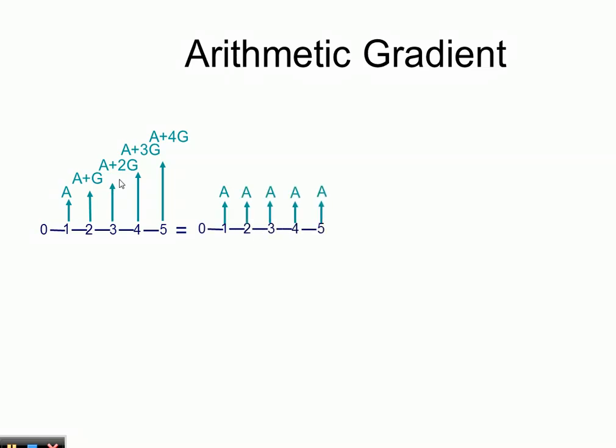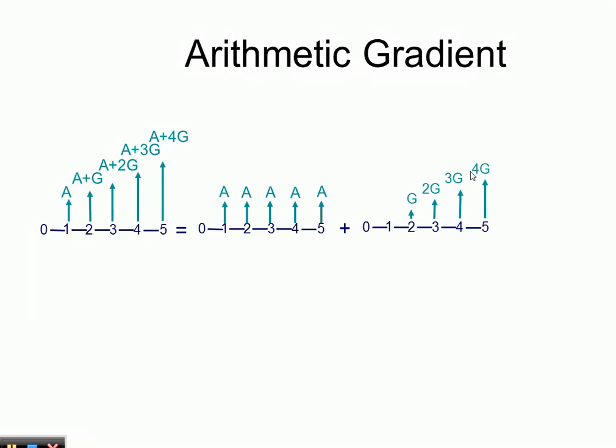Arithmetic gradient can be split into the uniform series and then the gradient amount. Notice the uniform series always starts at 1; here we have 0, and the uniform series starts at 1 and goes all the way to 5. But the gradient amounts start at year 2 and keep increasing linearly from G to 2G, 3G, 4G, and so on.